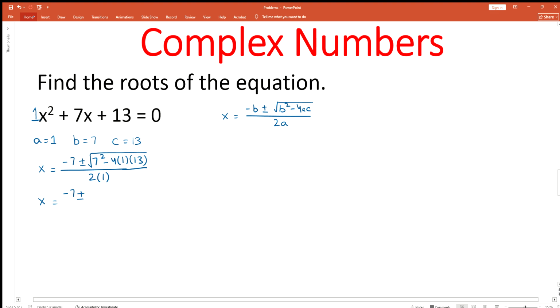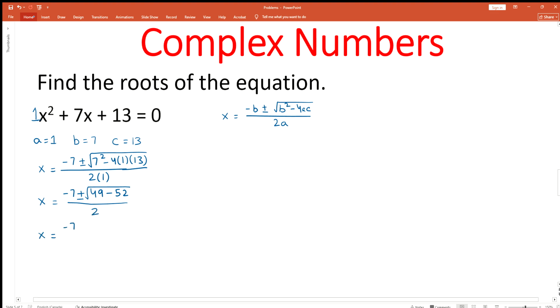Now we can simplify the expression under the square root. 7 squared is equal to 49. 4 times 1 times 13 is equal to 52. 2 times 1 is 2.